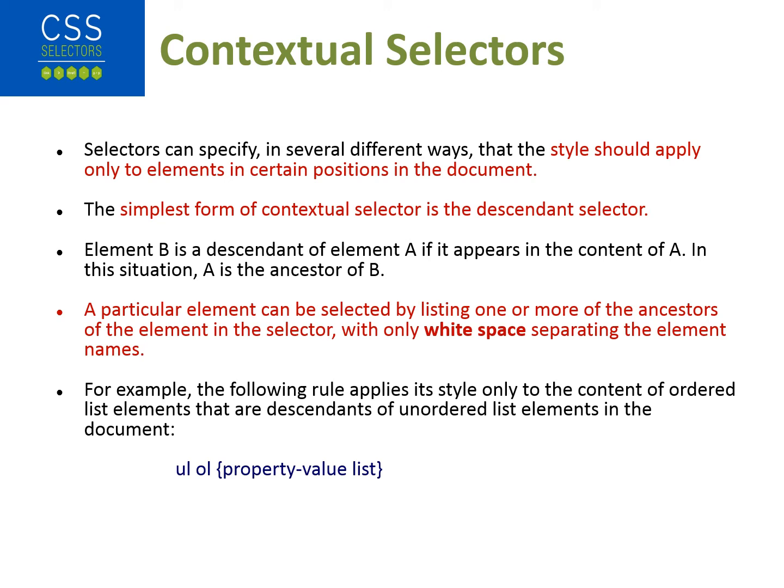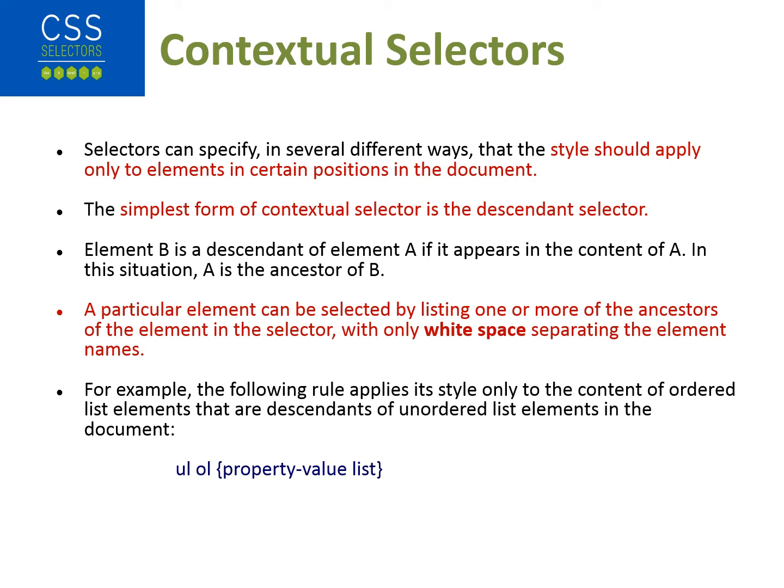For example, the following rule applies its style only to the content of ordered list elements that are descendants of unordered list elements in the document. Here is an example: UL OL, followed by a property value list. This is an example of a descendant selector.